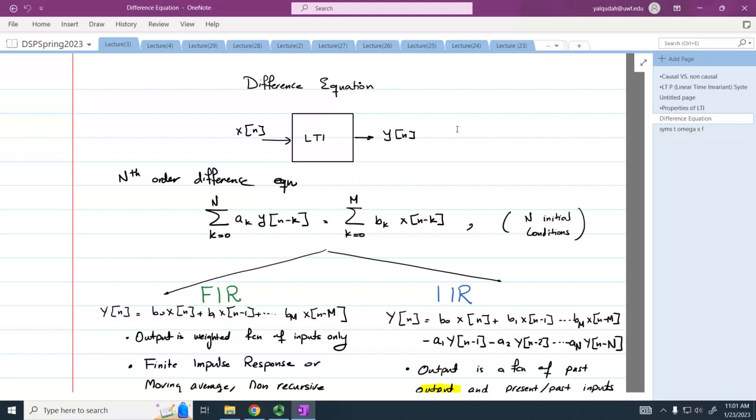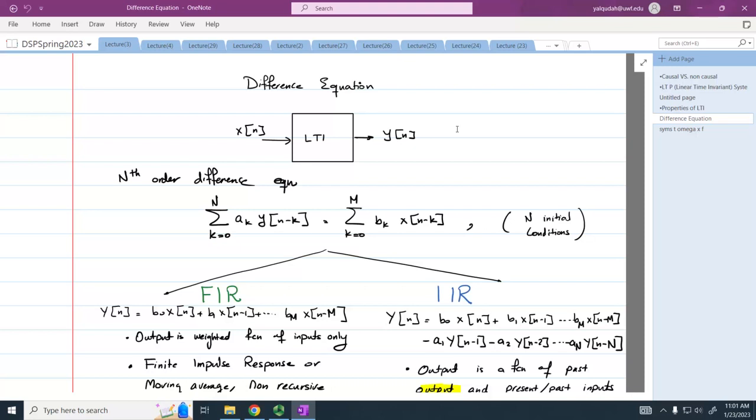Now, if you look at the FIR filter, what characterizes an FIR filter? The impulse response is finite in length. But why? How do we look at an expression of a difference equation and say, oh, this is an FIR filter versus an IIR filter? If it does not depend on previous or future outputs, then it's an FIR filter.